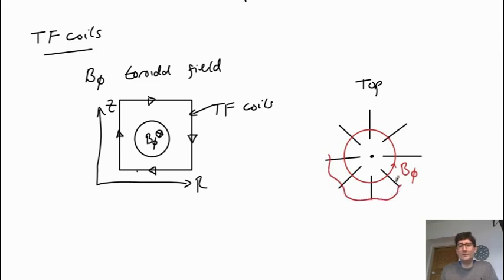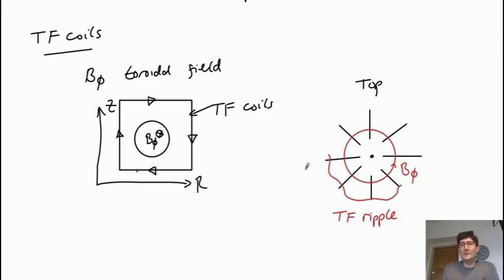There's kind of a ripple to it, and this is called TF ripple. So some tokamaks, if they have the plasma close to the edge of the coils, so if the plasma gets to large radius near the coils, or if there are not many toroidal field coils, then you can end up with this ripple, and this can lead to particle losses and other effects. Generally a bad thing for confinement.